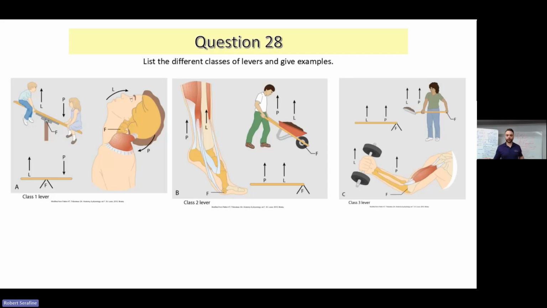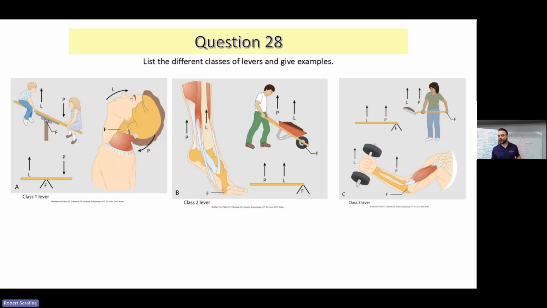So the fulcrum or pivot point is, in this case, the wheel of the barrow. Then we have the dirt or whatever objects that are in the actual barrel of the wheelbarrow. And then we have the person lifting up that other end of the wheelbarrow.